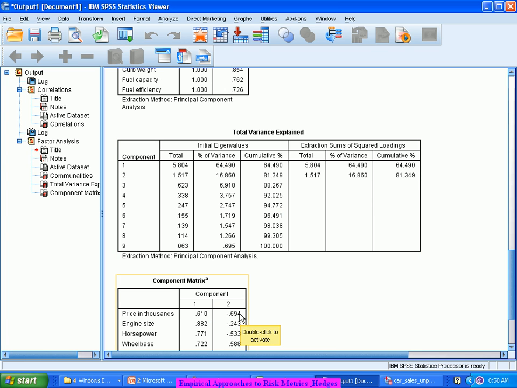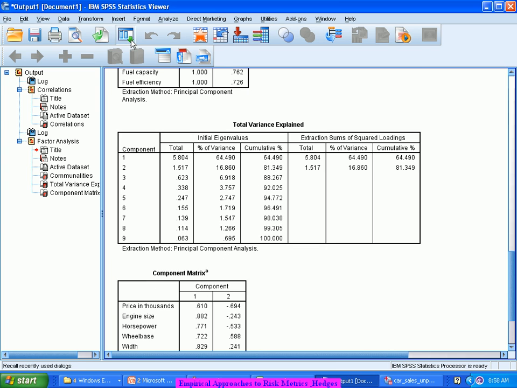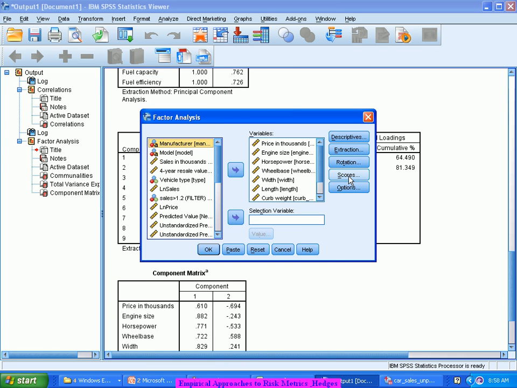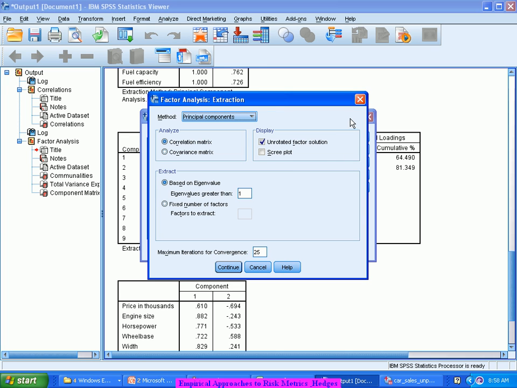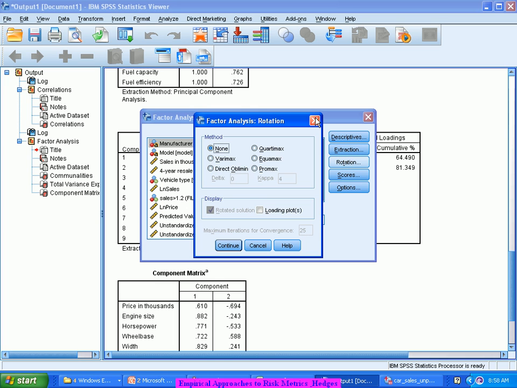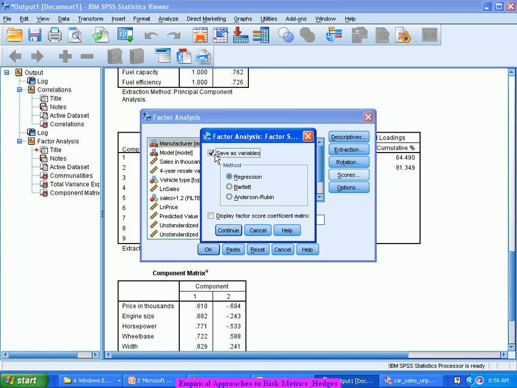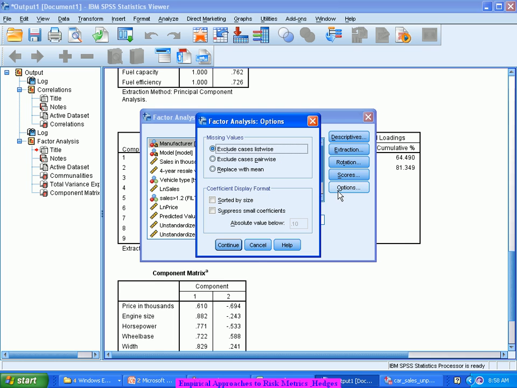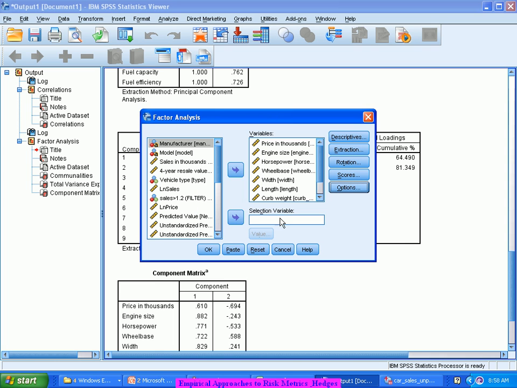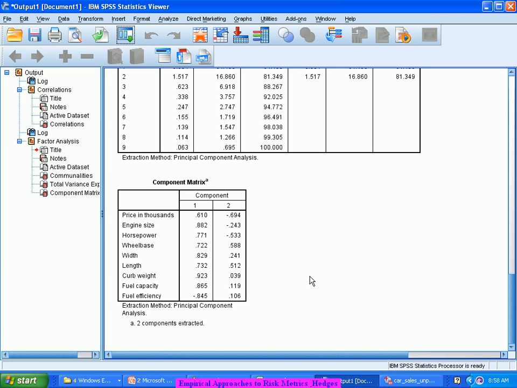The total 9 variables are getting reduced into two components only, and you will find that the correlation between those two components, yeah, now these are the two components that are formed.